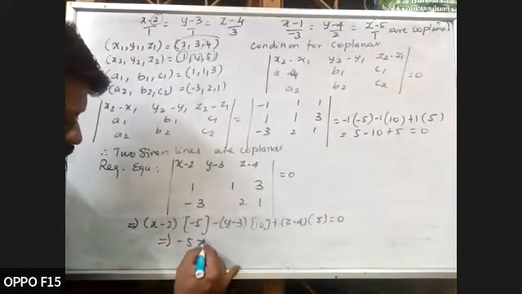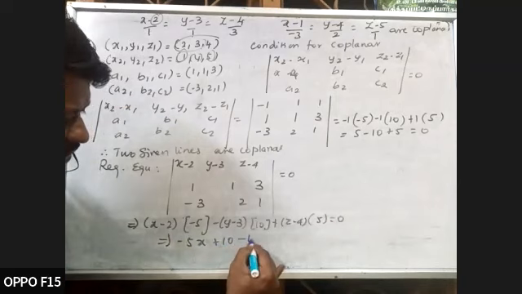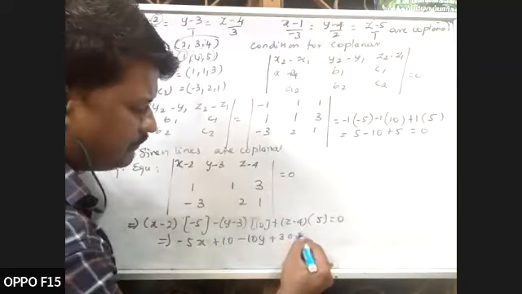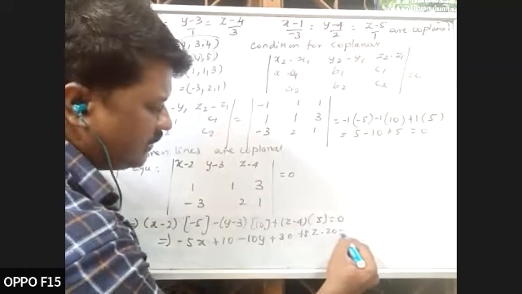Simplify: minus 5x plus 10, minus 10y plus 30, plus 5z minus 20 equals 0.